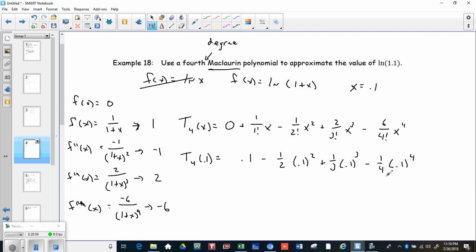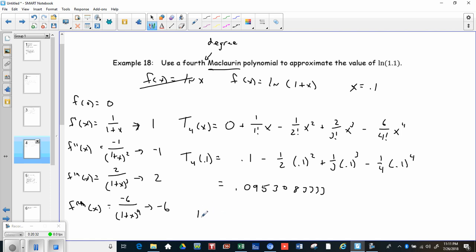to the fourth. This one's not bad because you could technically do all this without the aid of a calculator, use some long multiplication, stuff like that. We're still going to use the calculator to figure it out. So when you plug all that stuff into your calculator, this is what I got. 0.09538, and then a bunch of threes at the end here.